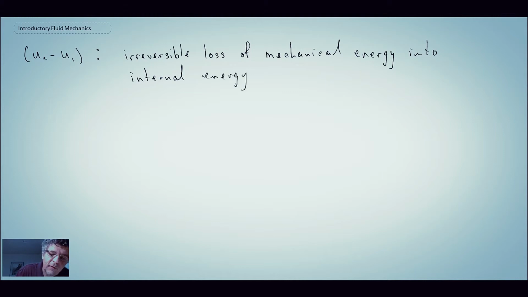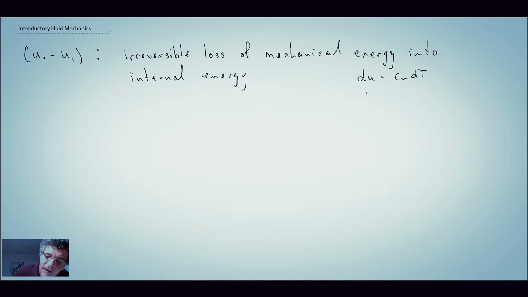The first term on the right, U2 minus U1, is a realization of mechanical energy going into internal energy. If you remember from thermodynamics, we have du equals Cv dT. You can integrate that if you assume constant specific heats, or even variable, you can have it in table form.